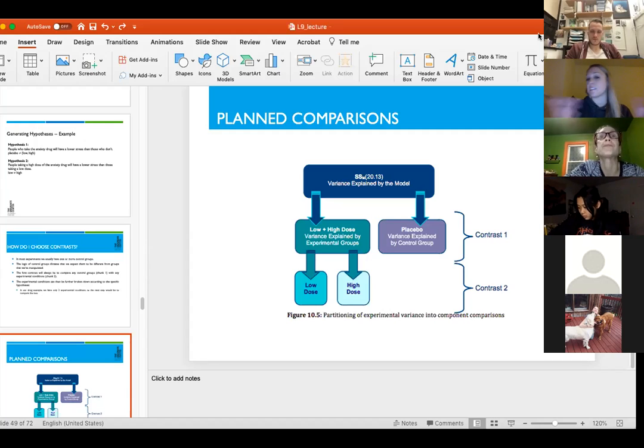And then let's say we find something significant between those two groups. Then let's say we have a second hypothesis that not only will there be a difference between no drug and drug, but we also think the levels of the drug matter. So we can drill down even further within the collapsed drug category and directly compare low dose and high dose.